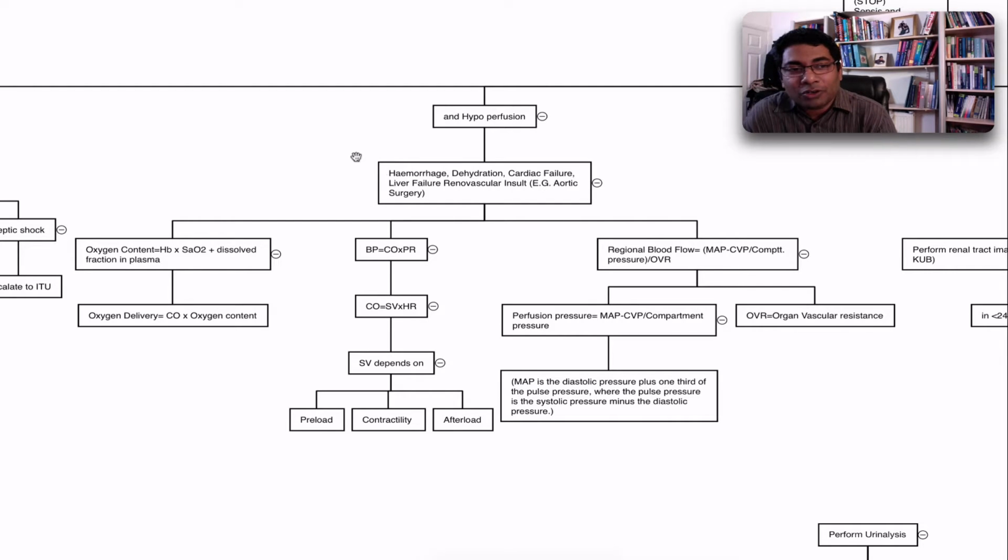So that's your oxygen content calculation. I've just given you the formulas there. Oxygen content is the product of hemoglobin and how well it's saturated: hemoglobin in grams per deciliter multiplied by the oxygen saturation, plus the dissolved fraction in plasma. So there has to be good oxygen content.